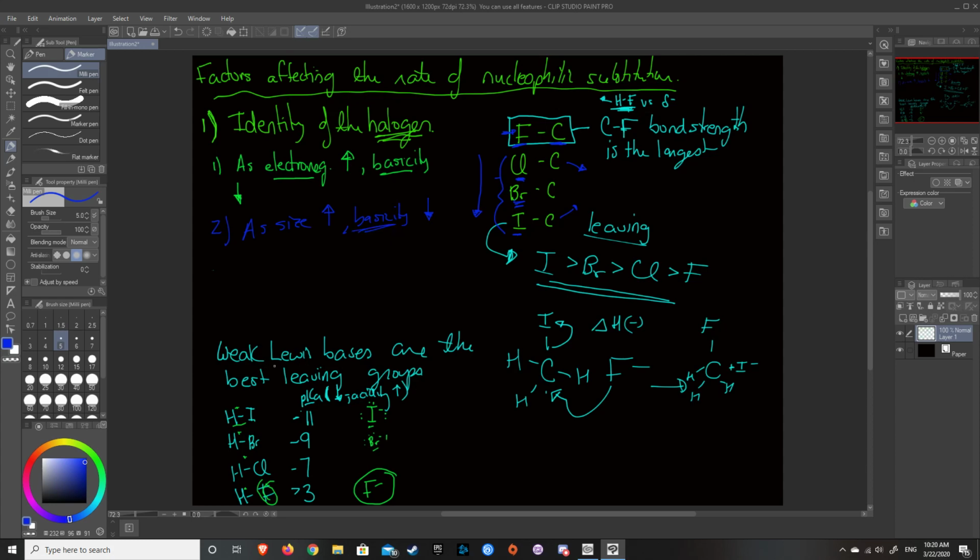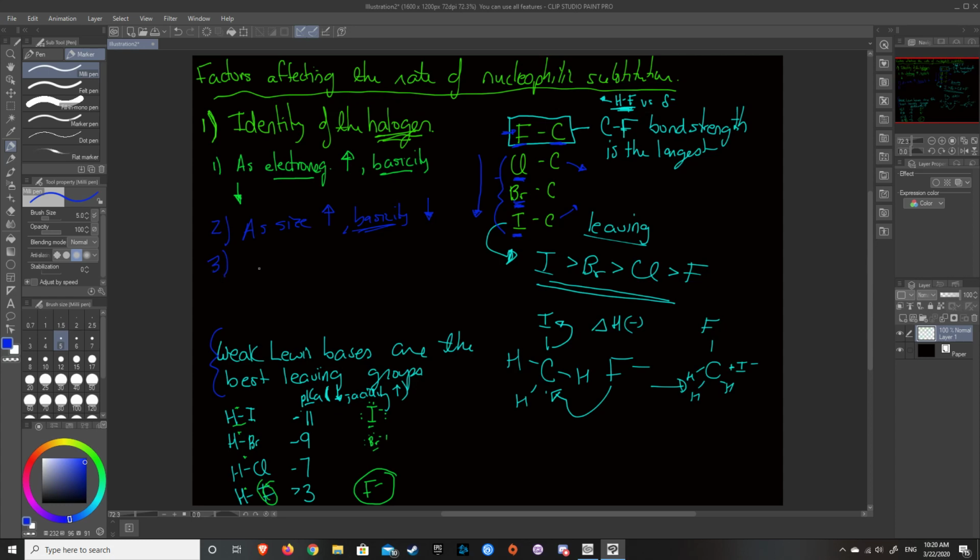And like we said, weak bases are the best leaving groups. So as size increases, the ability to act as a strong Lewis base decreases, which means that iodine is a better leaving group than bromine, which is a better leaving group than chlorine.